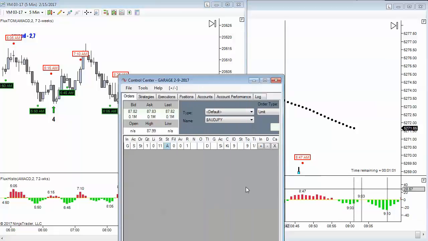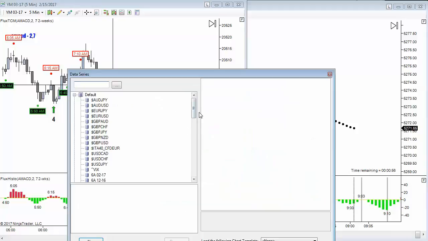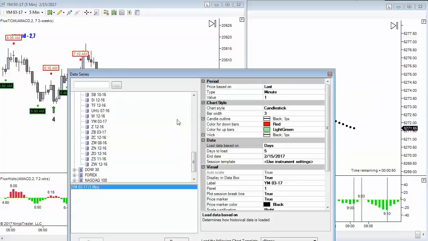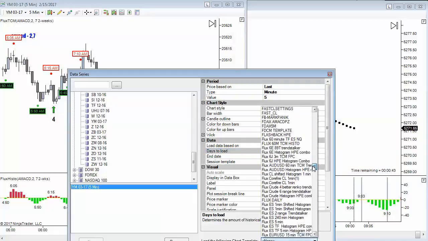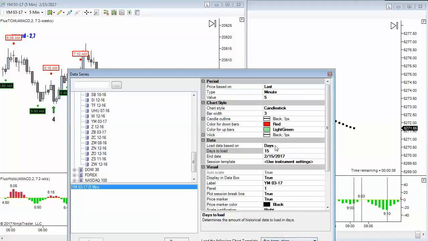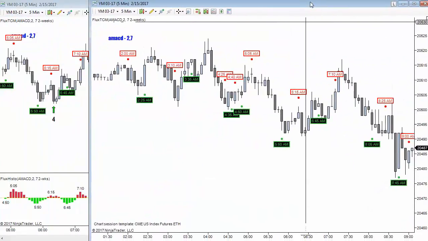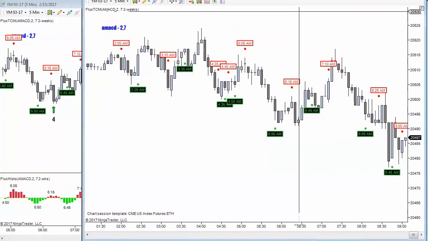Okay. Now, I'm going to open a new chart. Same market, same time frame. YM 5 minute, 15 days of historical data. I'm going to load underscore Flux temp class, and you'll see it's the same settings as our chart to the left.